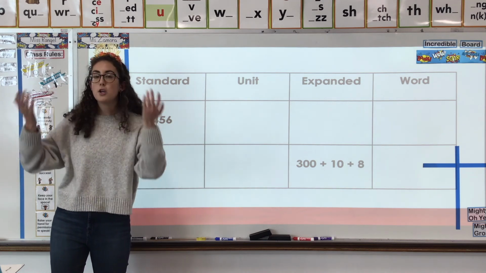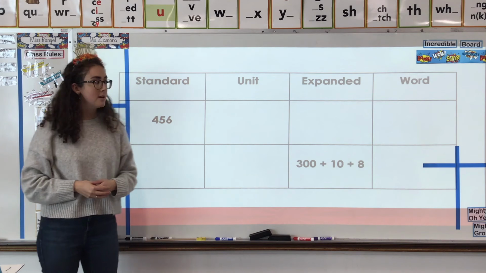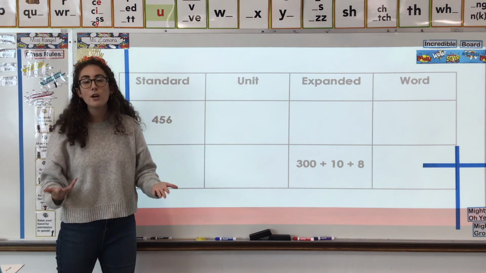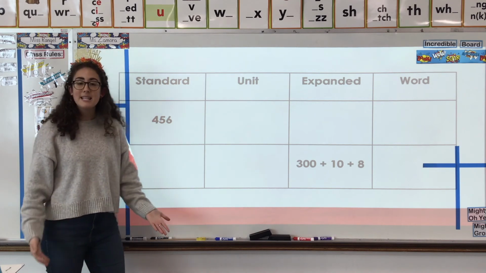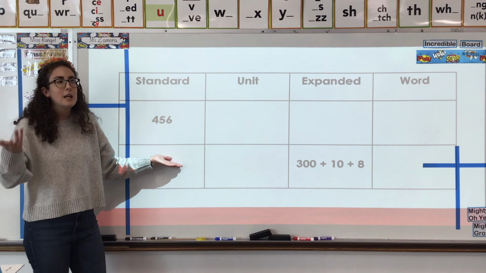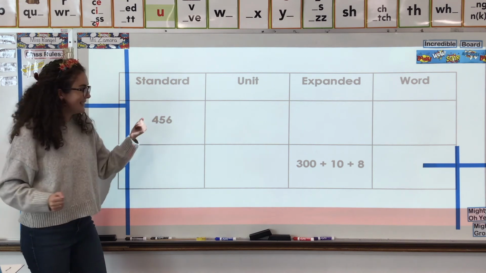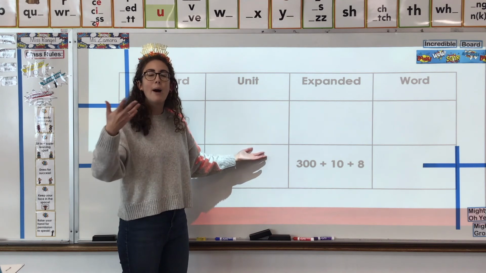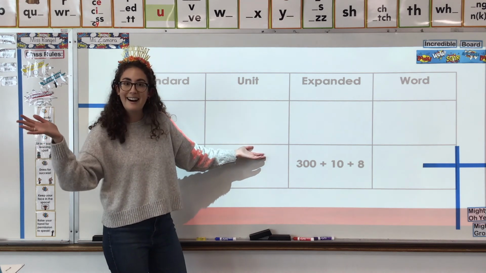In the video you send to me on Class Dojo, I want to see your beautiful chart, and I want to hear you talk about what does it mean to write a number in standard form. We only use what? To write a number in unit form, we show how many.